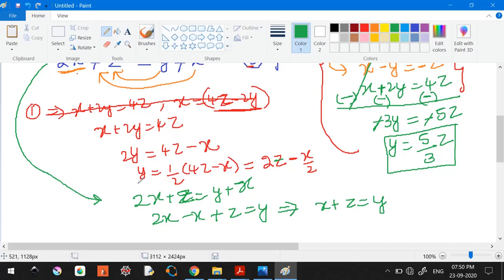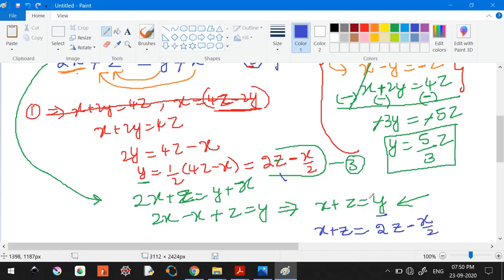Now Y we have already identified as this one, right? So I will plug it here. X plus Z is equal to Y. In place of Y I will put this, which is 2Z minus X by 2. I have just replaced Y with this, which we have derived.